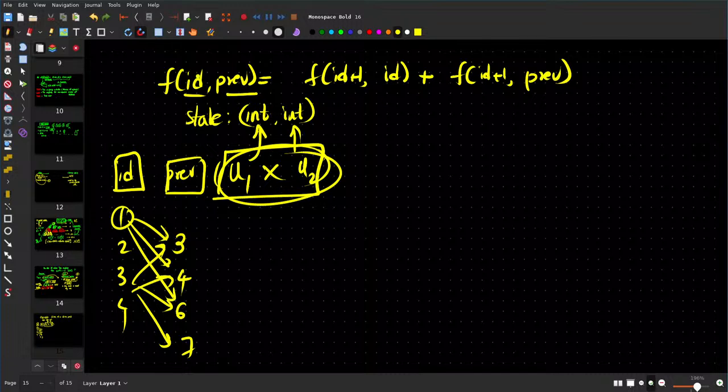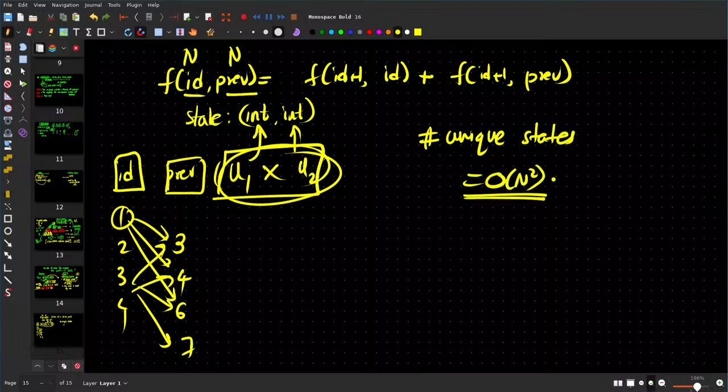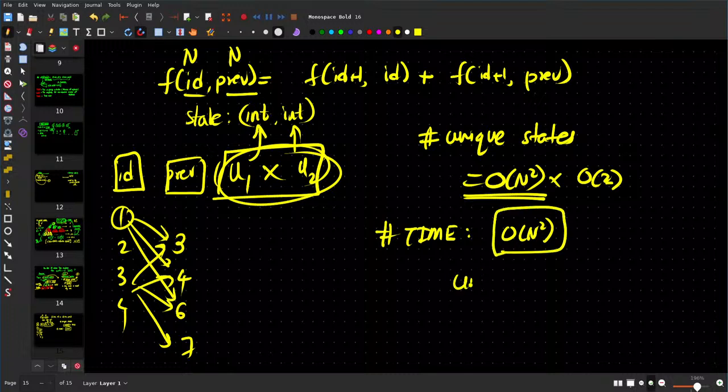Hence there were n values for this and n for this, so the number of unique states was order n square. The time complexity, obviously multiplied by the transition factor, but since it is constant, becomes order n square, which is the number of unique states in the graph.